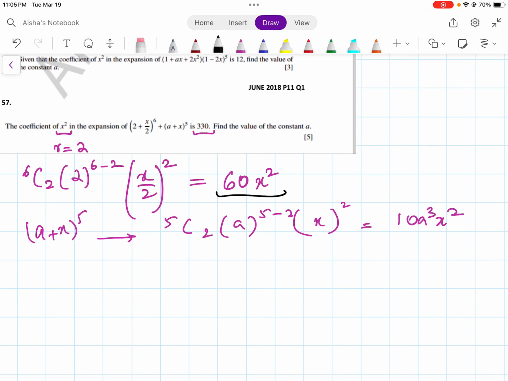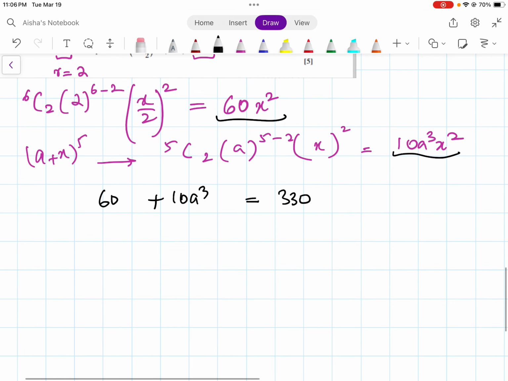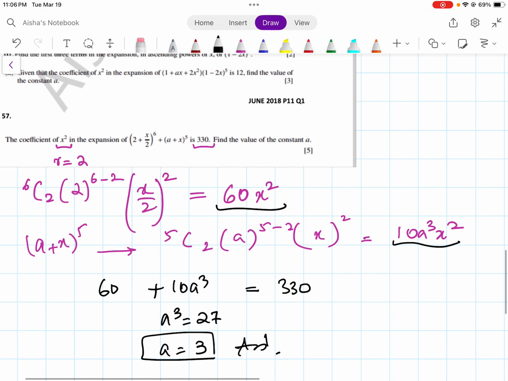So the coefficient of x squared from here plus the coefficient of x squared from here is equal to 330. When they talk about the coefficients, we don't write x squared, just the coefficients. 330 minus 60, divided by 10. A cube is 27, so the value of a comes out to be 3.